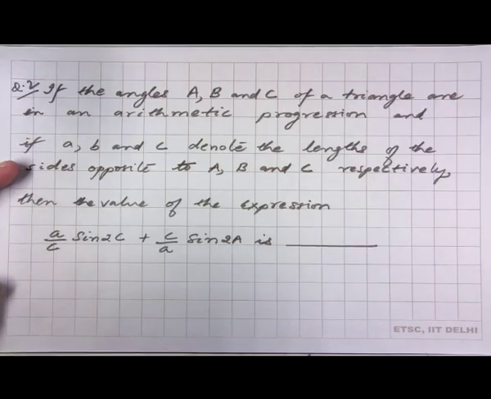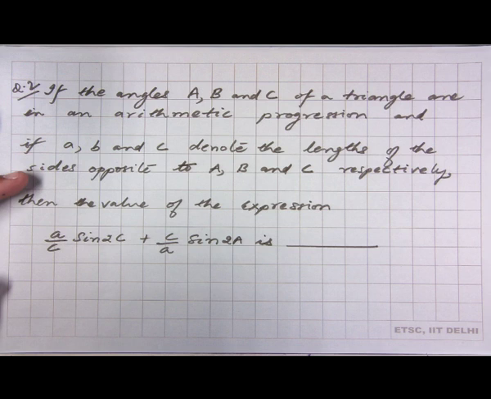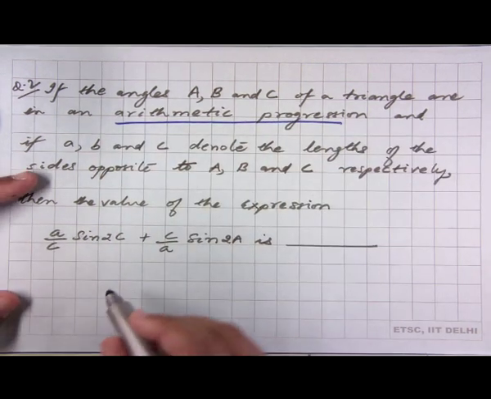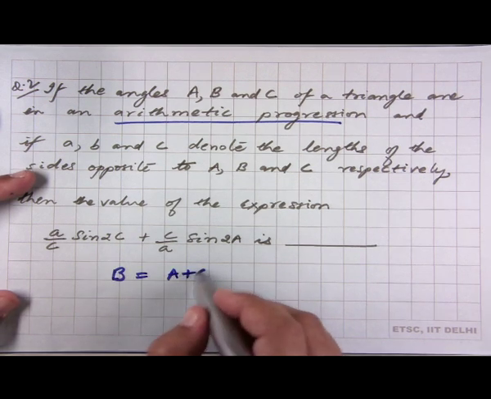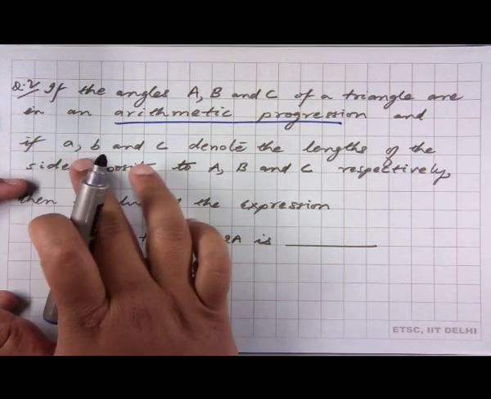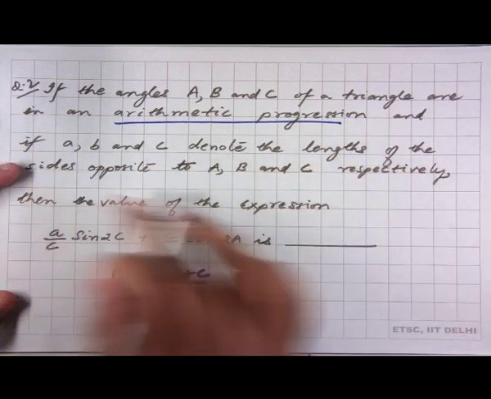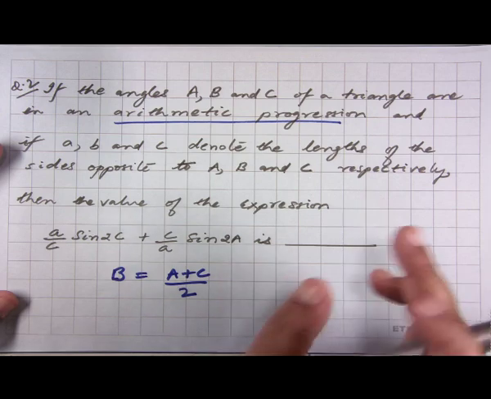So, let us consider the second problem here, and it says that the angles A, B and C of a triangle are in arithmetic progression. So, what that means is that the angle B is equal to (A plus C) over 2, and let lowercase a, b and c denote the lengths of the sides opposite to the vertices uppercase A, B and C respectively.